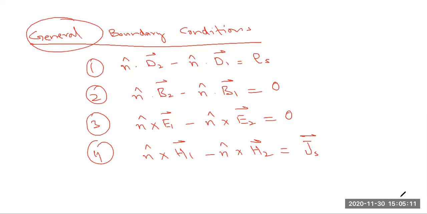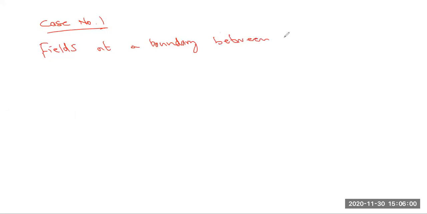So the first case, case number 1, or situation number 1, is fields at a boundary between two lossless dielectric materials.